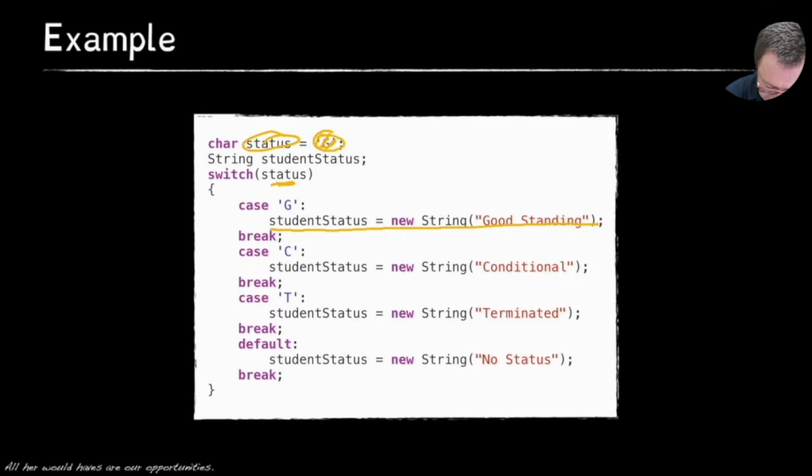But if I was to reinitialize it to be K, it checks G, no, C, no, T, no, so then it would execute the default case, which says there is no status. That's how it works. It's pretty straightforward. It opens and it closes.